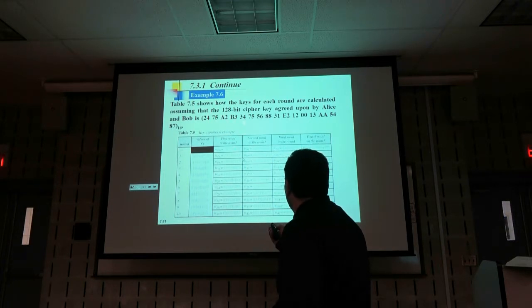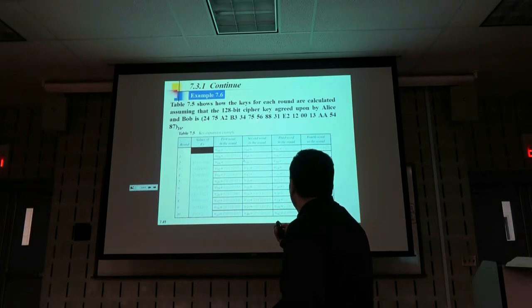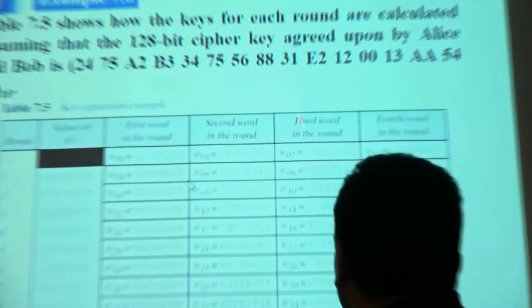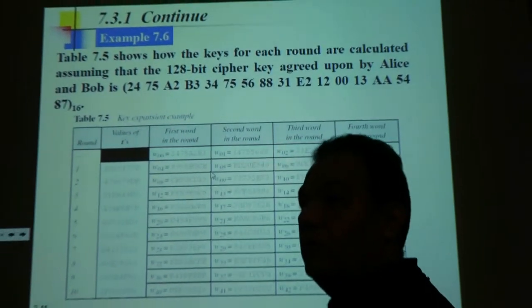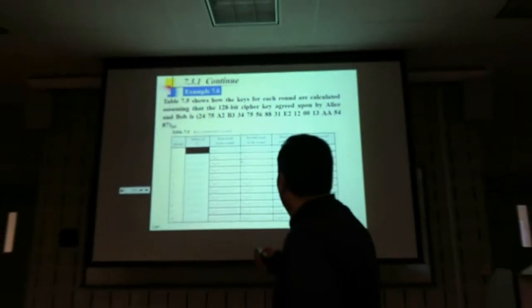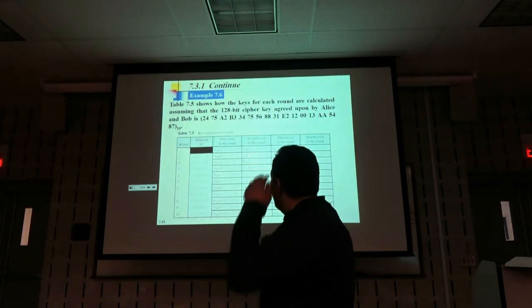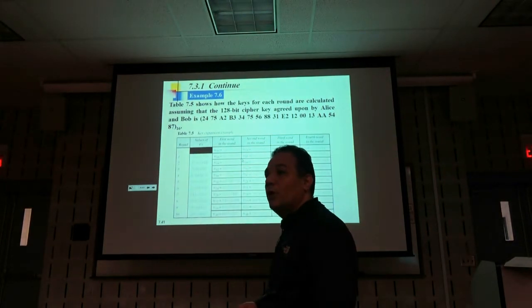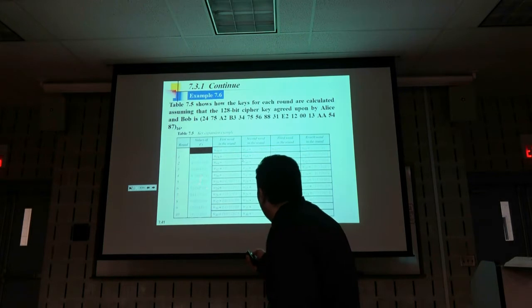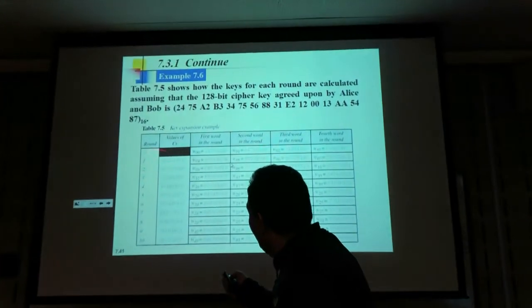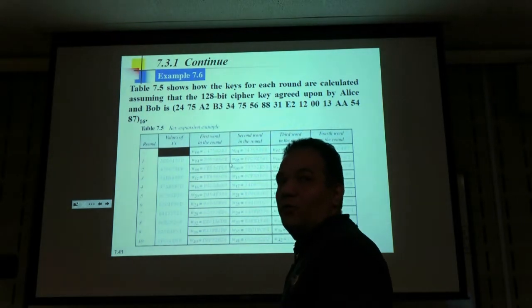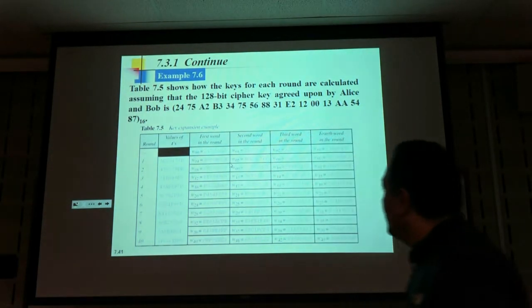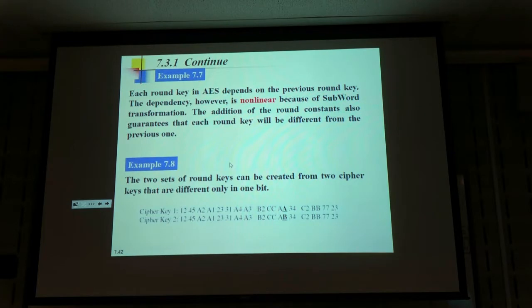Then we start here 34, 75, 55, 88, then here 31, and so on and so forth. After that, to calculate each key, you XOR the one on top of it with the one before it. What is the problem? There is nothing next to it, so we have to calculate the temporary keys. How do we calculate the temporary keys? Using a certain formula that we explained. That's it.